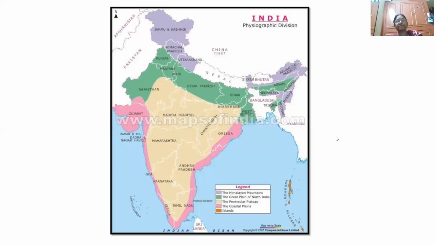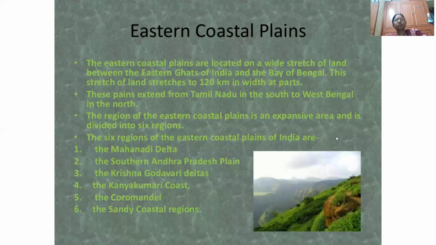Let us see. The eastern coastal plains are located on a wide stretch of land between the Eastern Ghats and the Bay of Bengal. Approximately, they stretch to 150 kilometers in width at parts. These plains extend from Tamil Nadu in the south to West Bengal in the north.